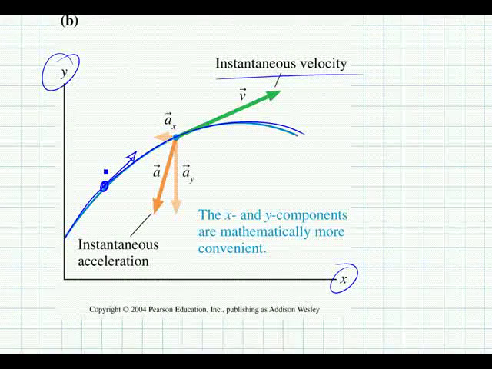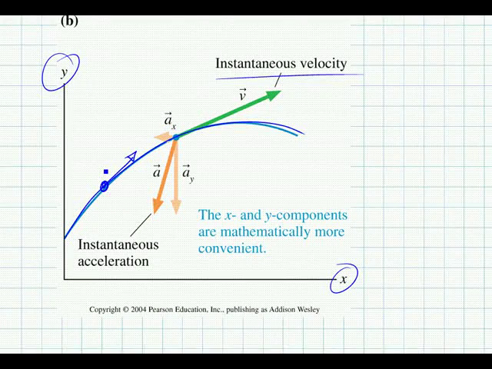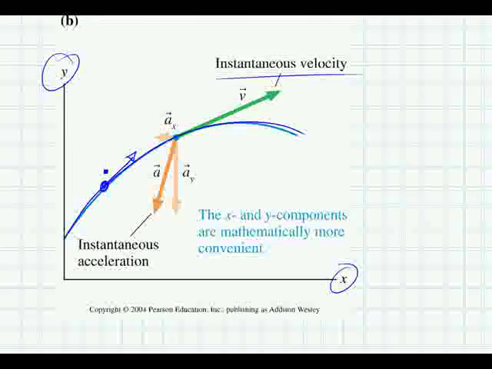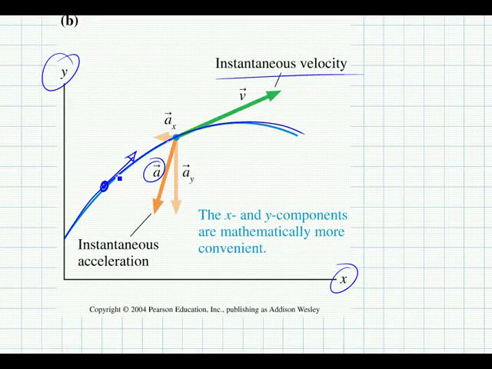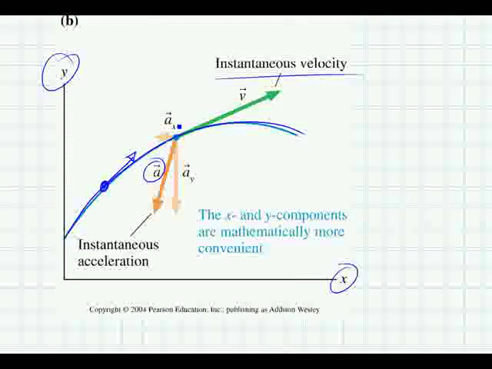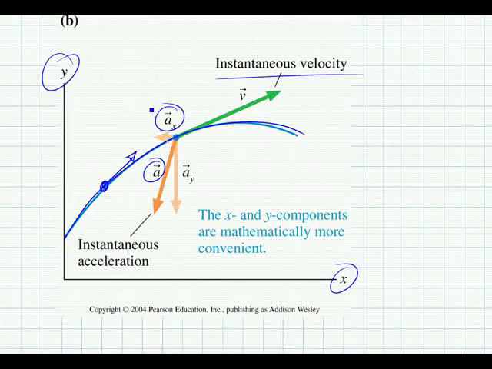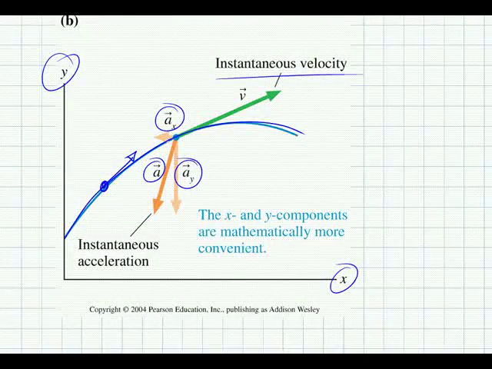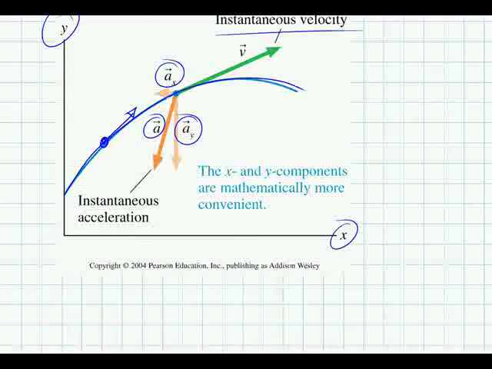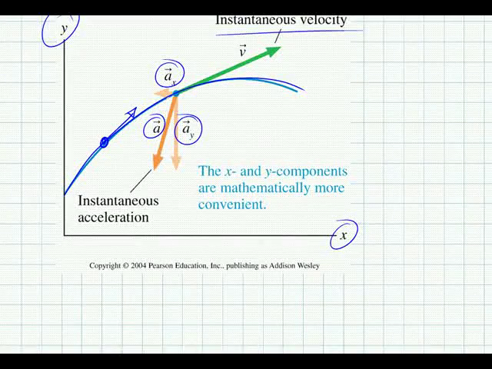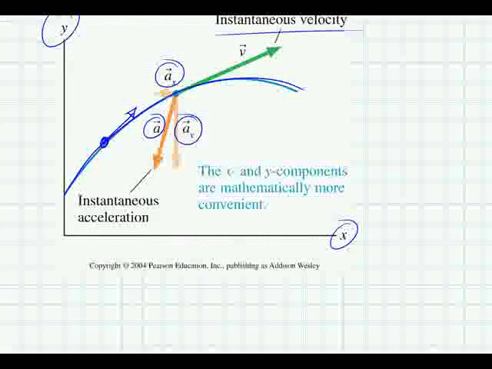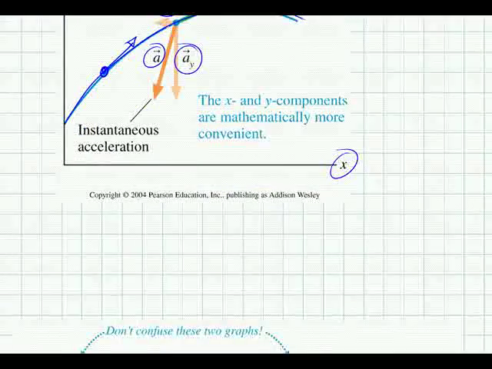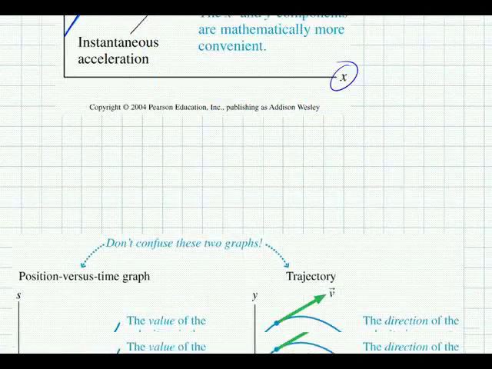Now, when the object is experiencing an acceleration, A, of course, that acceleration, as we saw up above, has two components, one along the x-axis and one along the y-axis. So our job is to find each component and then use the appropriate kinematic equations to solve for whatever the problem is after.